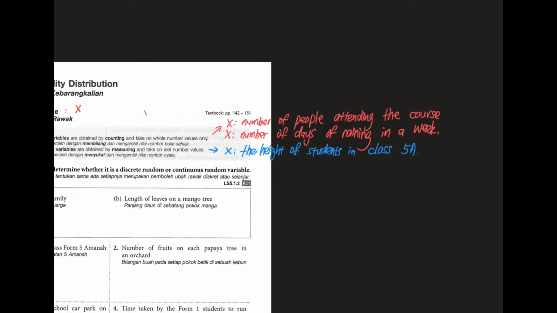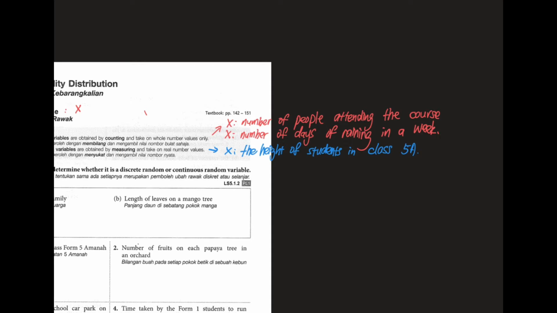And the height can take any real number values, for example, like 162.3 cm. It takes decimal, you see, it's not taking whole number only. It can also take whole number like 168 cm. That is whole number, so whole number is accepted. Number in decimal is also accepted, and you are measuring it. So that is continuous.